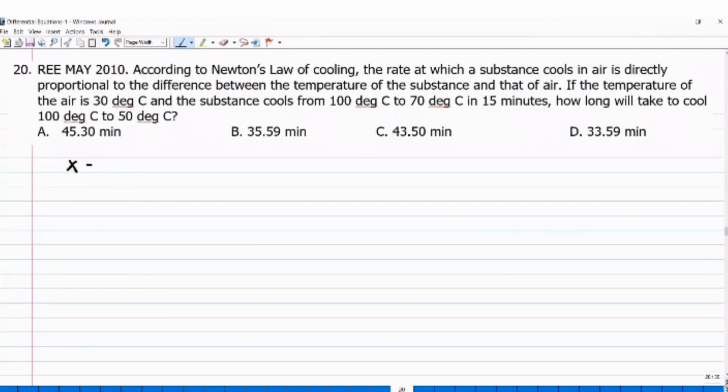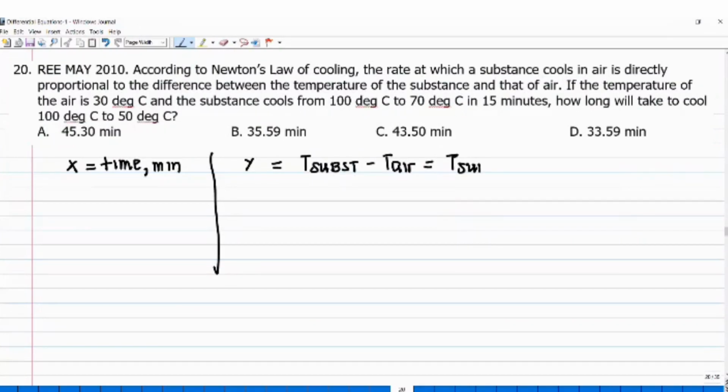So yung X ay time in minutes. Yung Y is equal to the temperature of the substance minus the temperature of air, which is temperature of substance minus 30. Constant yung temperature ng air.